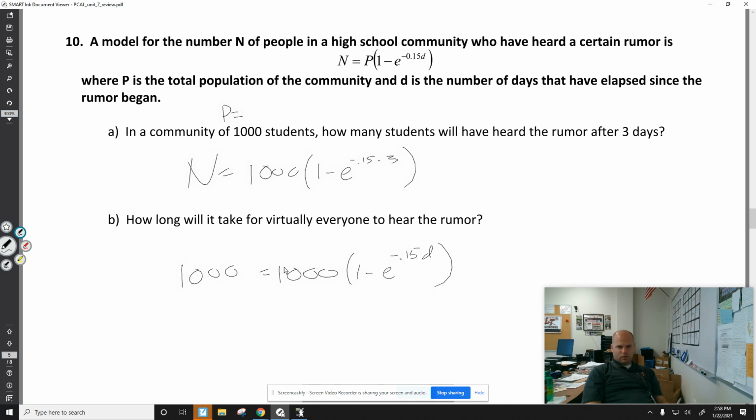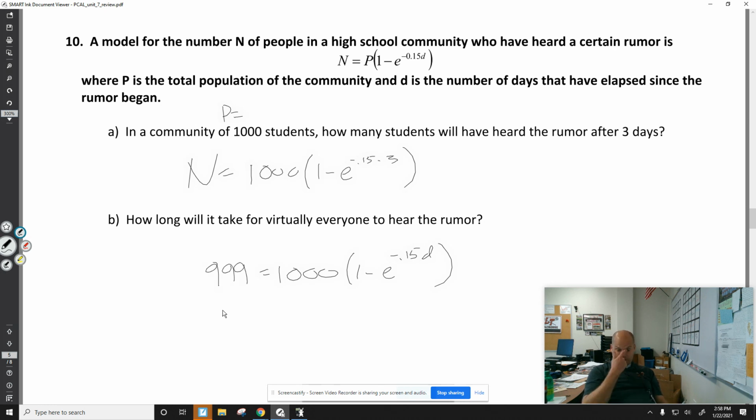How many days will it take? I feel like I can't do this. So maybe we do 999. Let's see. If I divide, we get 1 equals 1 minus e to the negative 0.15d. That's 0 equals... can't take the natural log of 0. So I'm going to do 999, which is pretty much everybody, okay, except for one person.